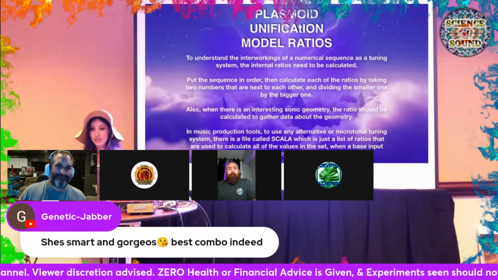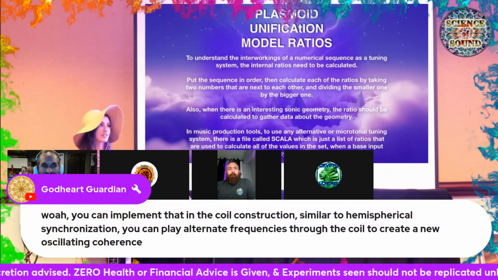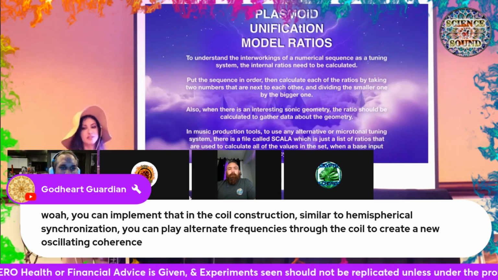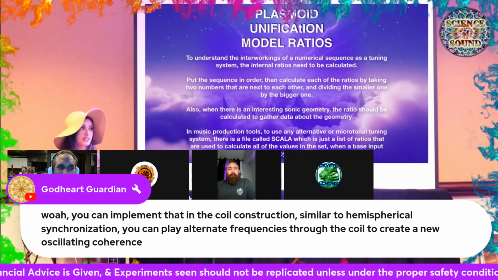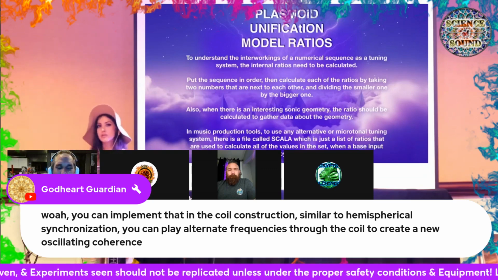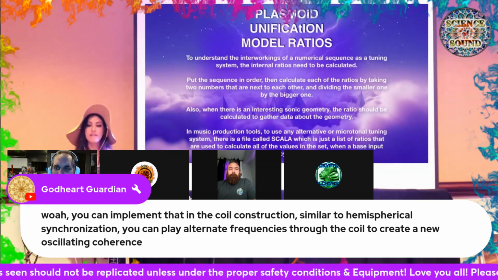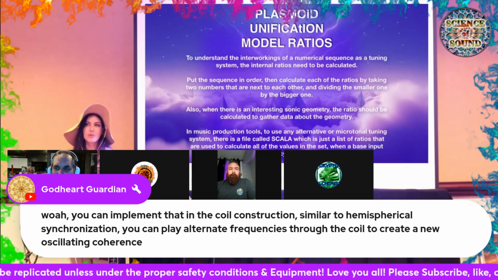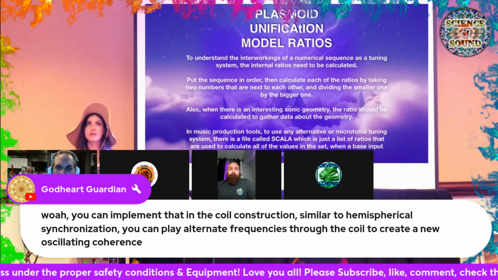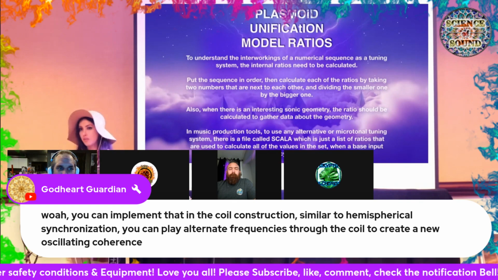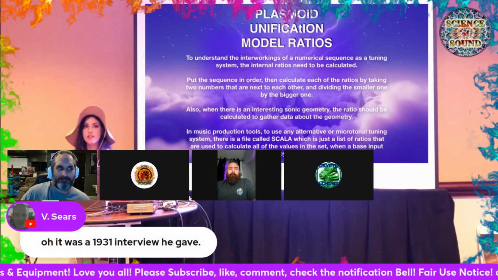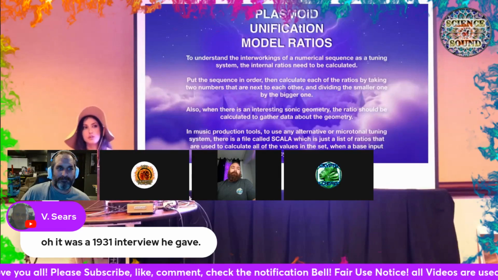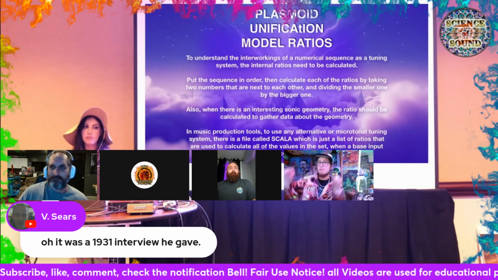And if I find a really interesting sacred geometry, the first thing I do is write down what that ratio is. Like the fifth harmonic is notorious for having a very specific geometry when you plug in the perfect fifth, which is different from the fifth harmonic. The perfect fifth is 3 over 2, which is 1.5.